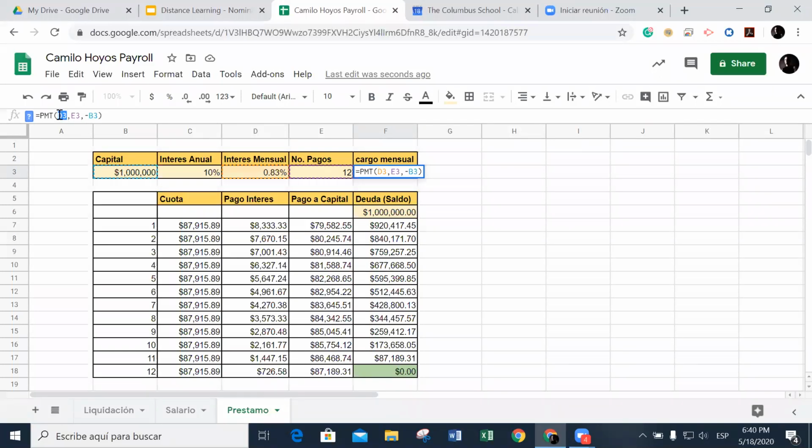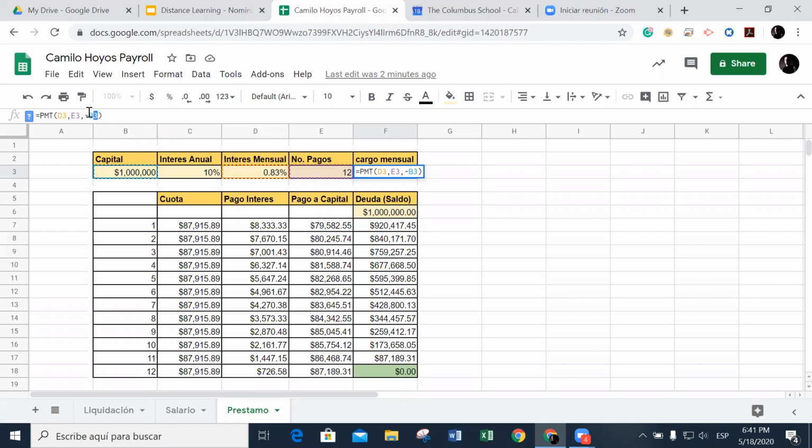Then it's going to ask you for the monthly rate, which is the monthly percentage, right? The interest per month. So you put in there D3. So you click on D3 right here. Then you have to type in the number of payments, which is 12. So you type in E3, which is right here.